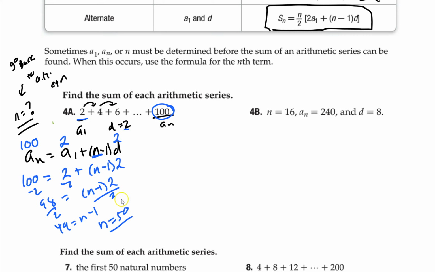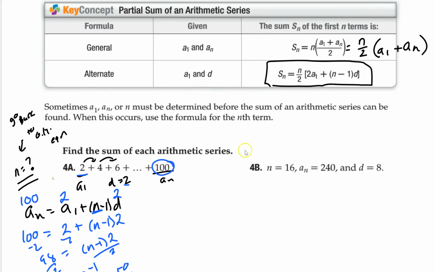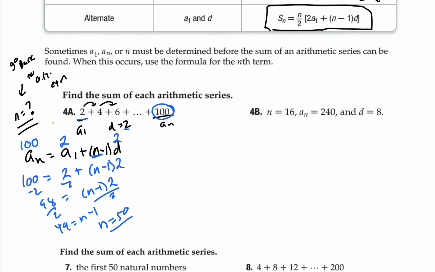Right, so now I have my N. Now I can plug into any formula I want. I'm actually going to use the easier one this time because you actually have a last term. That's the only time this one's easier, if you actually have the last term. And this time I do. It's 100. So the way I'm going to use this formula is like this. Sn, that means sum. S stands for sum. The sum of the first 50 terms is N over 2, A1 plus AN. N, we just figured out, is 50.